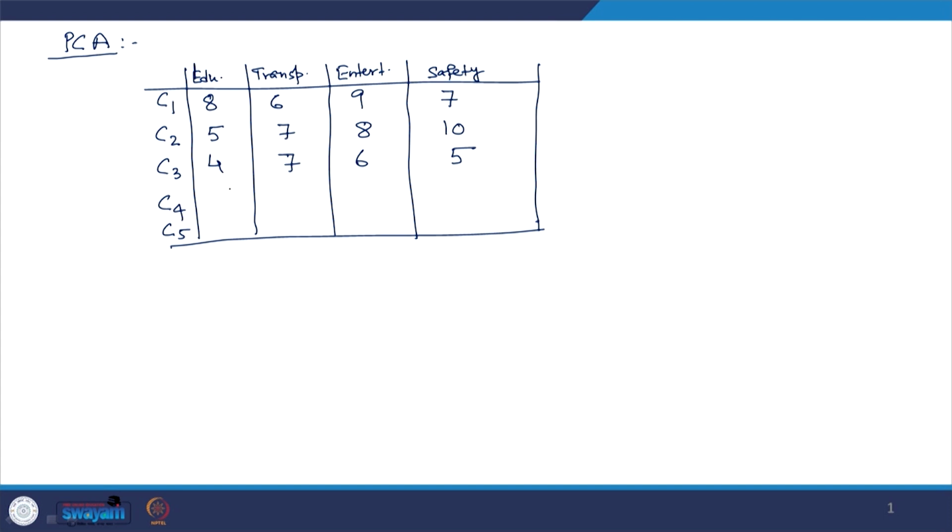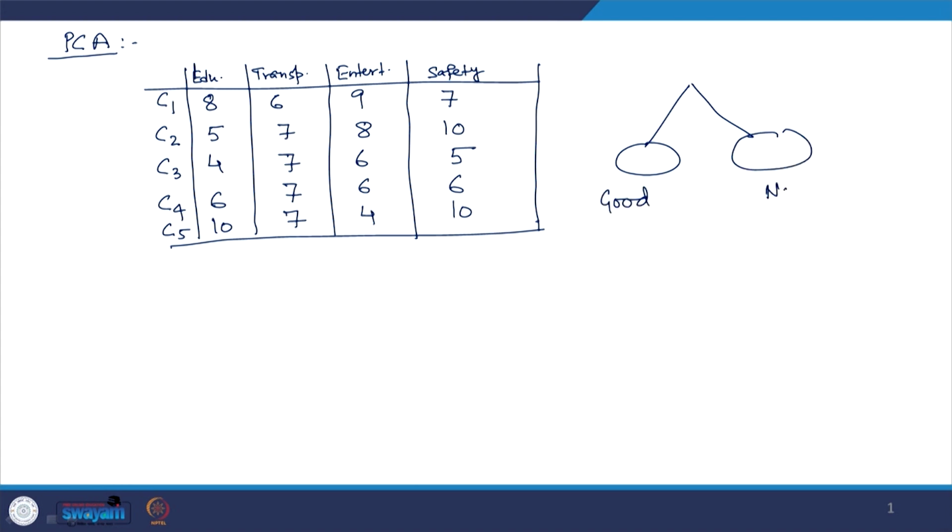Then for C4 it is some random value, let me take 6, 7, 6, 6, and for C5 let us say 10, 7, 4 and 10. Now I have to classify all these 5 cities into 2 classes. One is a good city for living, and another one is not good, based on these parameters.